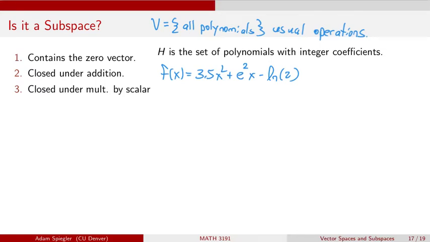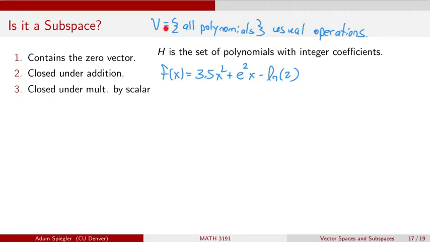And this is a polynomial because we have some number times x squared plus some other number times x plus some constant term. What makes it a polynomial is that the powers of x occur to positive integers. And these coefficients here are certainly not integers.